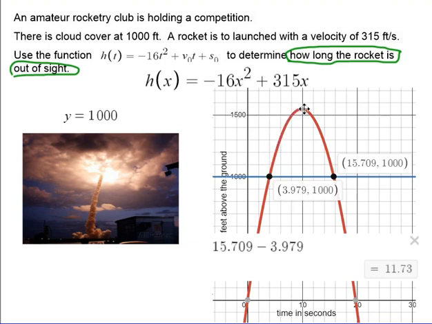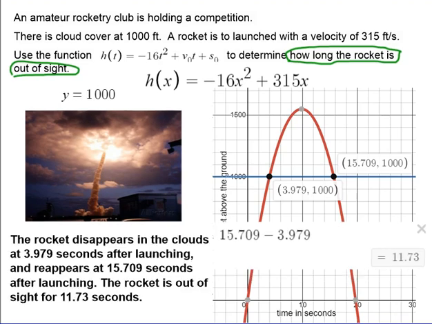We cannot see this because it's above the clouds and we're below the clouds. And it comes back down at 15.709 seconds. It reappears through the clouds, and I can use Desmos to subtract those two times, 15.709 minus 3.979, and that's going to be 11.73 seconds.